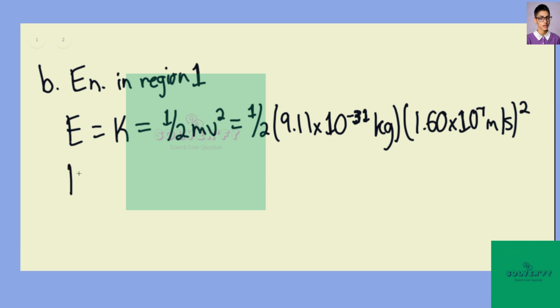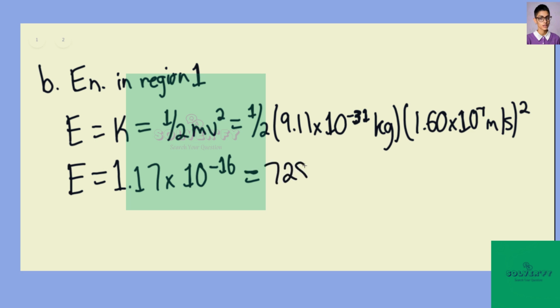And so we find that the energy in region 1 is going to be equal to 1.17 times 10 to the negative 16th joules, or we can say 728.8 electron volts.